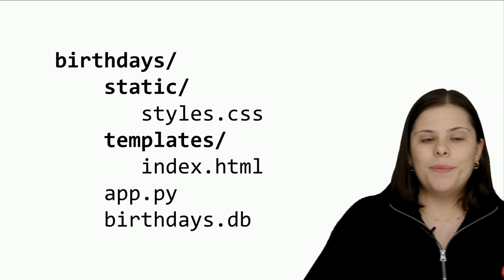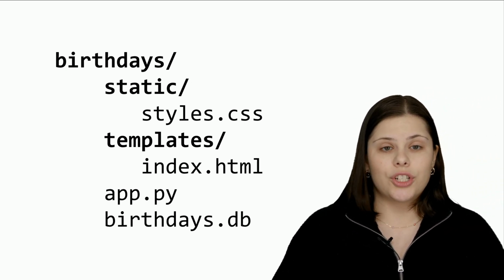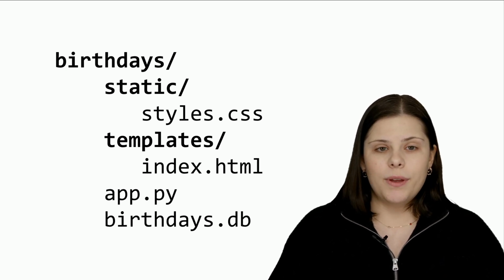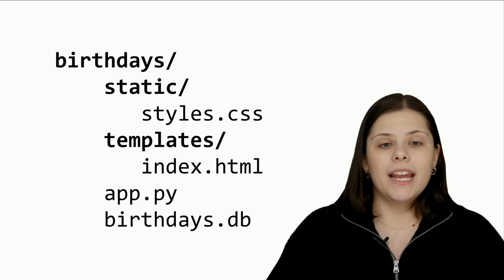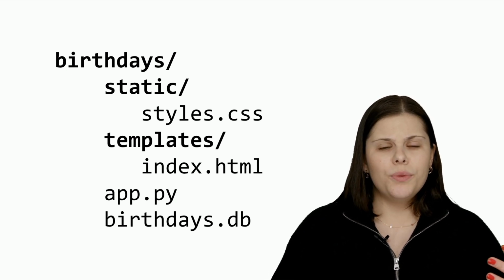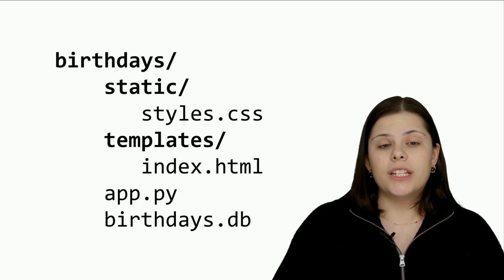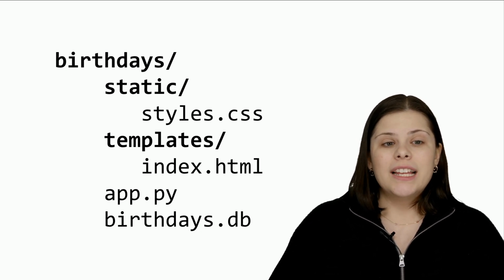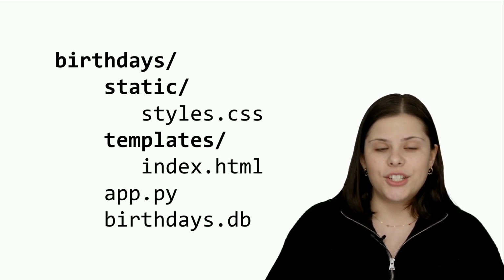And now looking a little bit ahead, this is how our birthdays folder is structured. So this would be a quite common setup if you're using the MVC model, whereby static is where you would usually put style sheets or even images, something that doesn't necessarily change, hence the word static. Templates is where you will store your HTML pages.